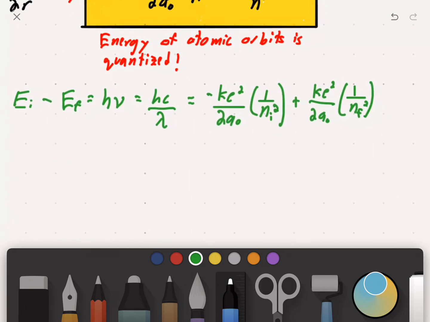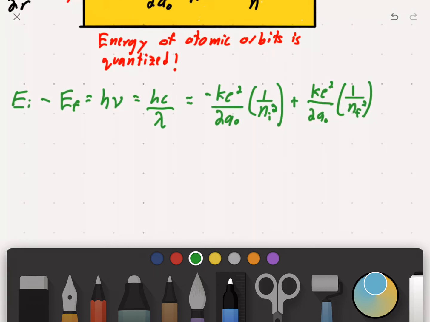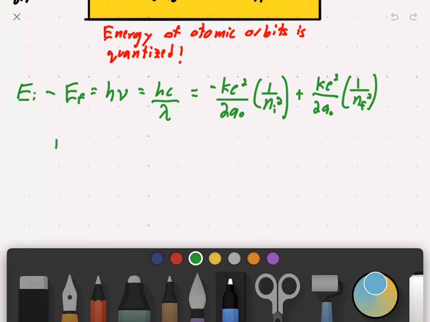Now what we do, we move some constants around, and we see that we get 1 over lambda is going to be equal to ke squared over 2a0.